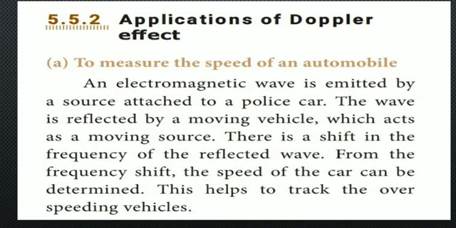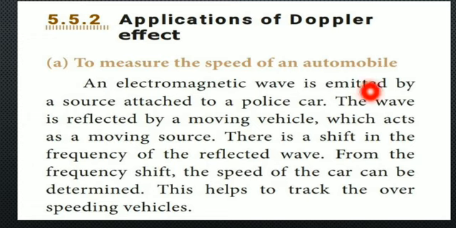Applications of Doppler effect. Okay, see, there are 4 applications given in our book. The first one is to measure the speed of an automobile. How, sir? See, it's very easy. An electromagnetic wave is emitted by a source attached to the police car, right?